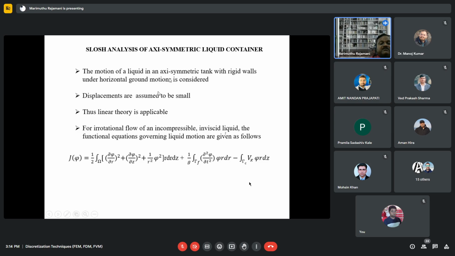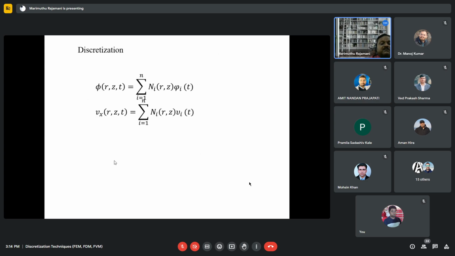The functional governing liquid motion was taken from the literature. This is the functional for the liquid, and we take a variation with respect to the field variables.